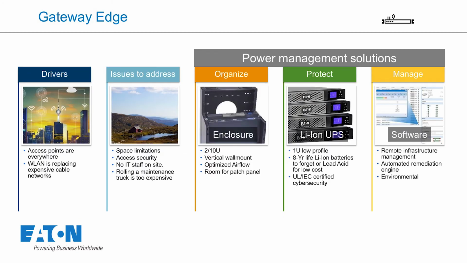Another type would be the gateway edge. Where do we compute at the gateway level, and what are the issues you can see? Well, again, we're talking about network closets. There's limited space. Maybe we have issues with security. Again, we're talking about a network closet, a small rack maybe inside the building.